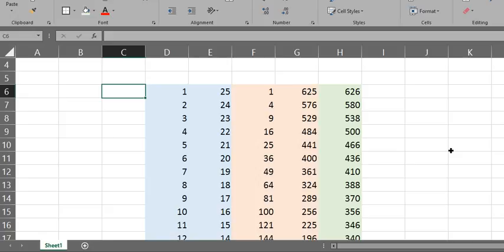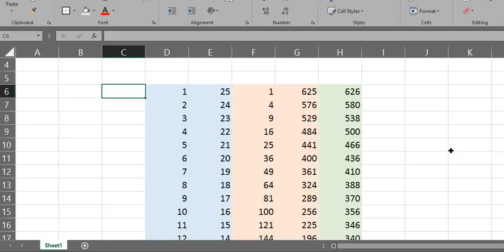Here's the squares of those numbers in the orange column, which looks kind of brown on the screen. Okay, so 25 squared is 625. 8 squared is 64. 10 squared is 100. Do you see that? You agree? These are the squares. And here's the sum of those squares. Do you agree with that? 1 plus 625 is 626. 4 plus 576 is 580. Get that?